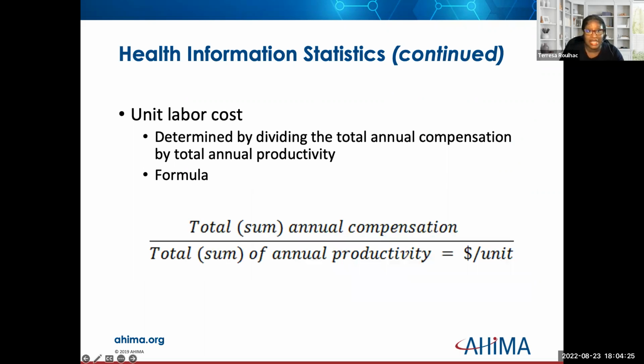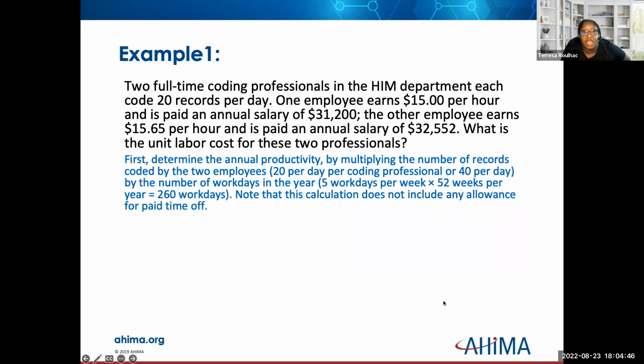So you have your unit labor cost determined by dividing the total annual compensation by total annual productivity. Total sum of annual compensation over total sum of annual productivity equals amount per unit. Now, our very first example, you have 2 full-time coding professionals in the HIM department.